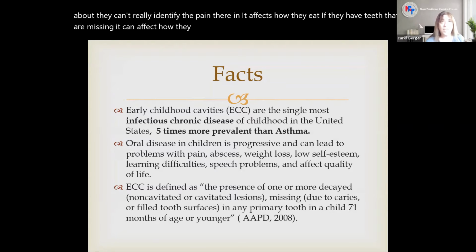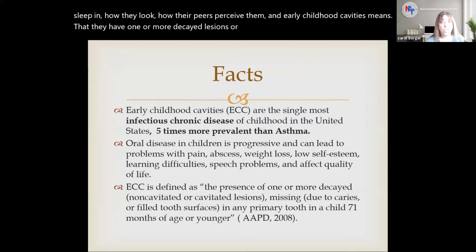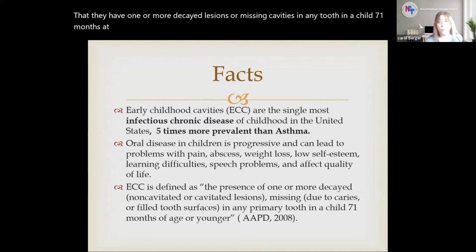It can affect their quality of life in school, how they sleep, how they look, how their peers perceive them. And early childhood cavities means that they have one or more decayed lesions or missing teeth in any tooth in a child 71 months of age. So that would be 5 or 6, right?